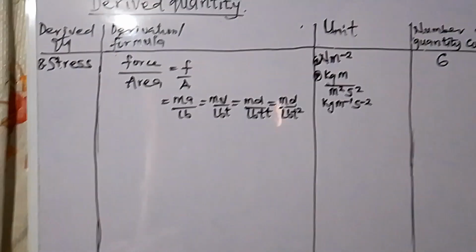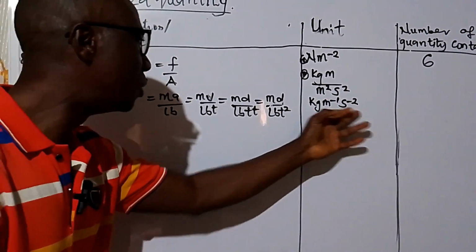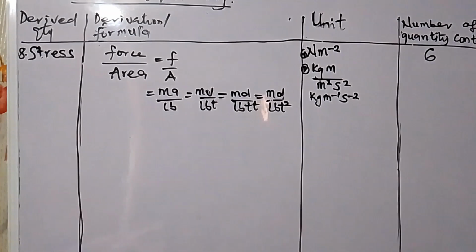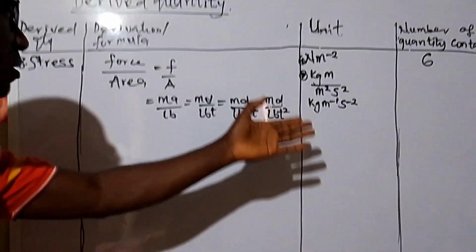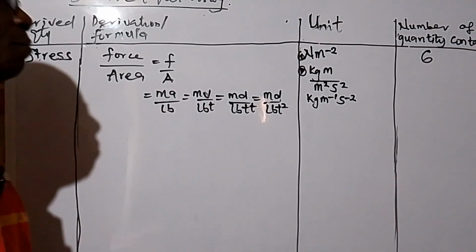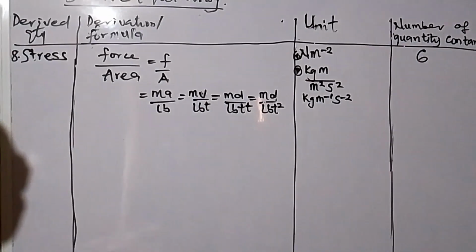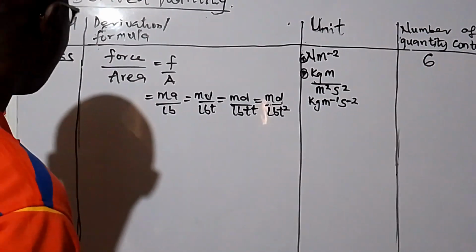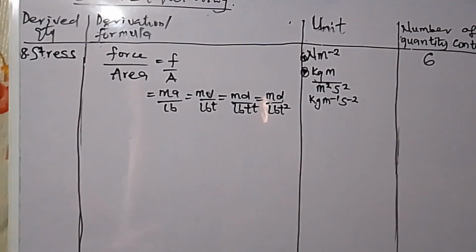You now see that all those units are from fundamental quantities. So the unit of stress from basic quantities is kilogram per meter per second squared. And the number of quantities, as I said, is 6. Now, let's continue to the next example, which is number 9.